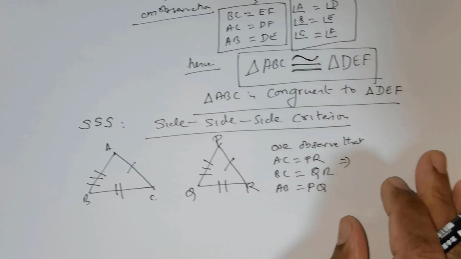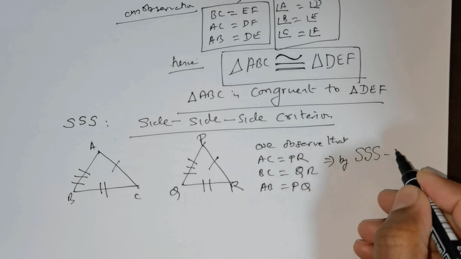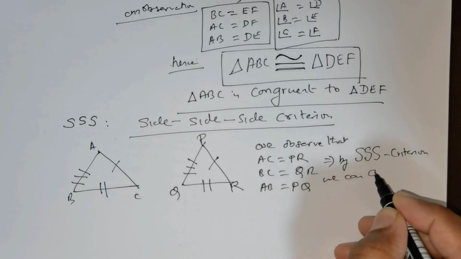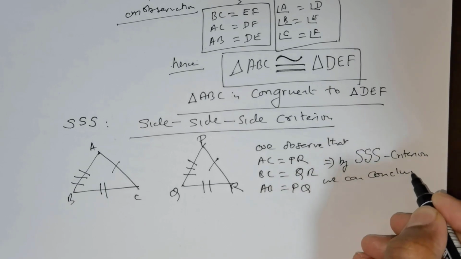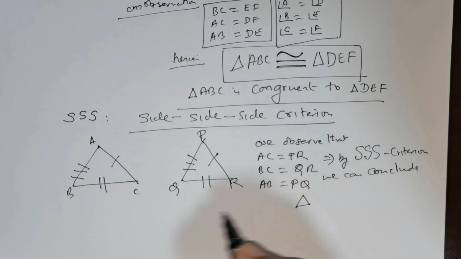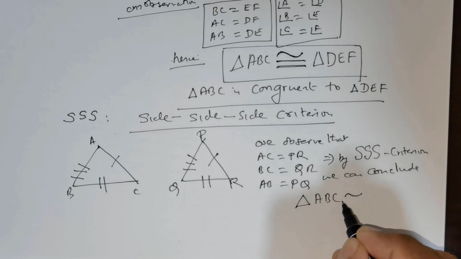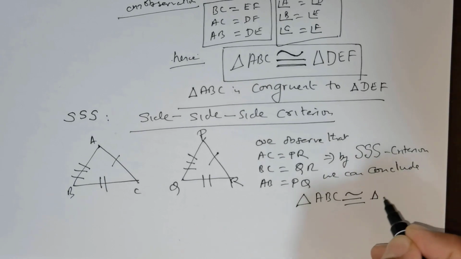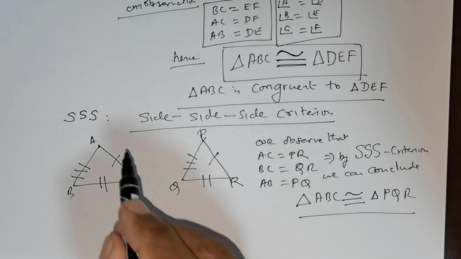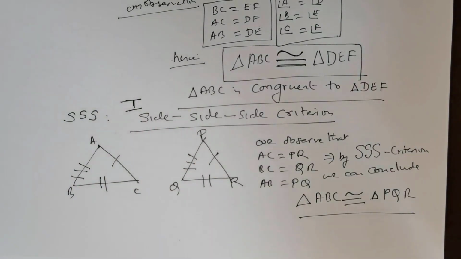So this means by SSS criterion we can conclude triangle ABC is congruent to triangle PQR. So this is the first one which we have seen. Let's move on to the second one.